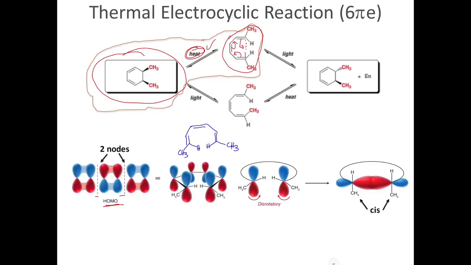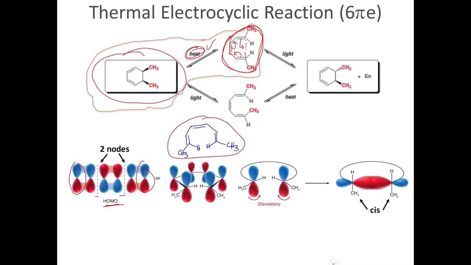We don't have to draw all those psi 1, 2, 3. We just need to know how many nodes there are, and then we draw the correct HOMO. Once you draw it, we are going to consider only the first one and the last one. So I want you to look at this structure and let us rotate it 90 degrees clockwise, and we are going to get this stuff here.